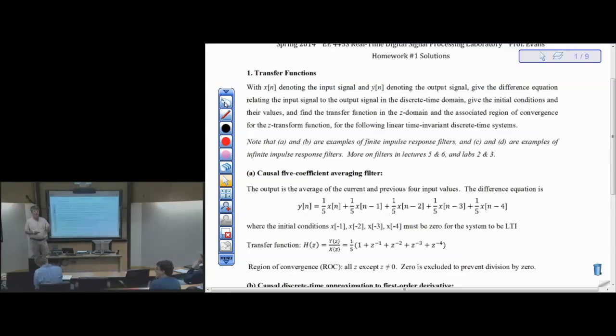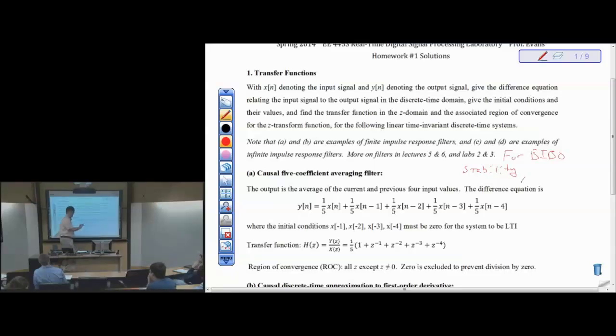That's use number 1. Use number 2, if it is BIBO stable, then we can convert the Z transform directly to a Fourier transform by substituting z equals e to the j omega, right? So for BIBO stability, bounded input, bounded output stability.